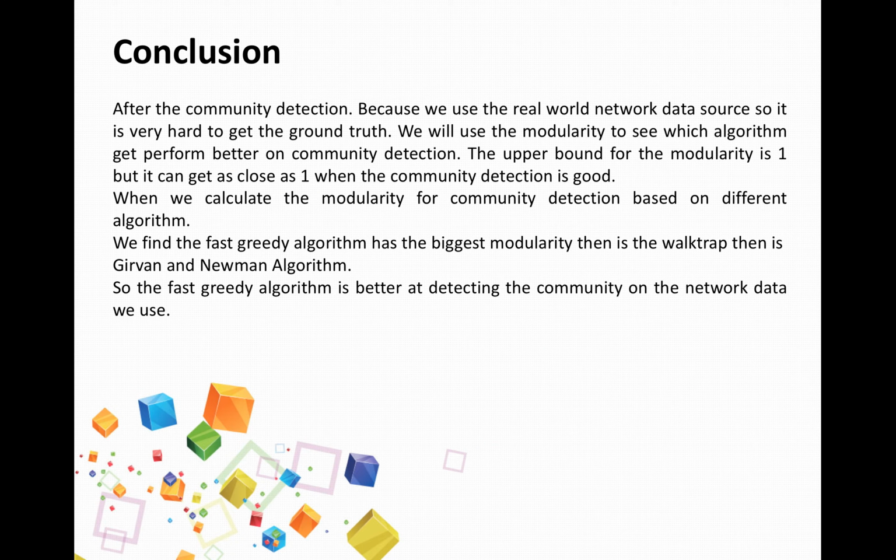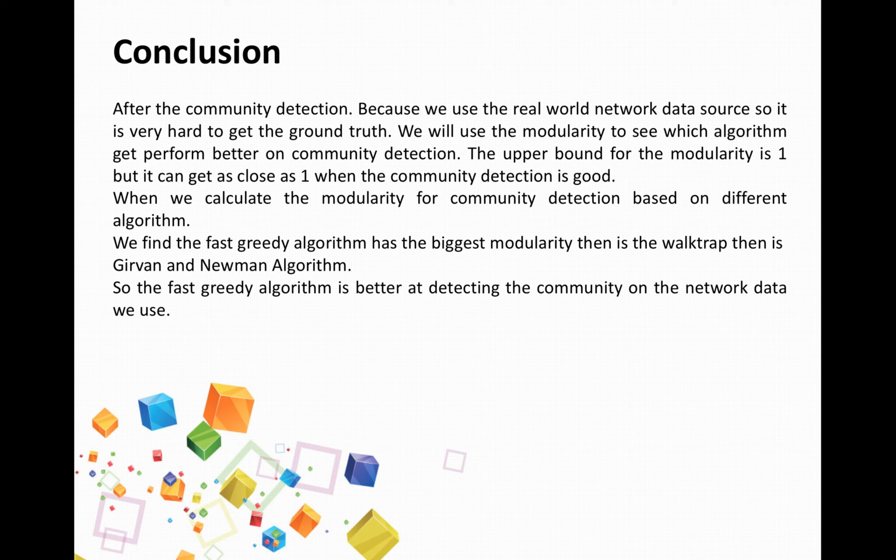Conclusion. After the community detection, because we use a real-world network data source, Facebook, it is very hard to get a ground truth. We will use modularity to see which algorithm performs better on community detection. The upper bound for the modularity is 1, but it can get very close.